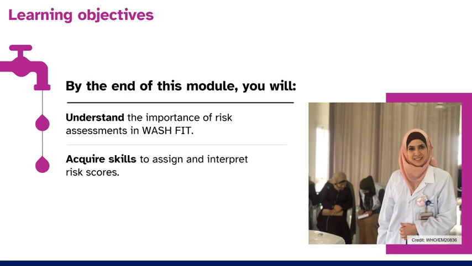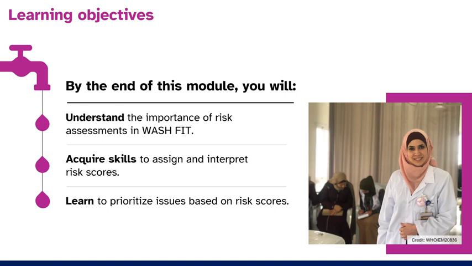You'll acquire the skills to assign and interpret risk scores, factoring in both severity and likelihood of potential issues. Additionally, you will learn to prioritize issues based on risk scores, particularly focusing on high risk areas needing immediate attention. Moreover, you will develop effective strategies for prioritizing problems, considering resource constraints, while aiming for substantial improvements.